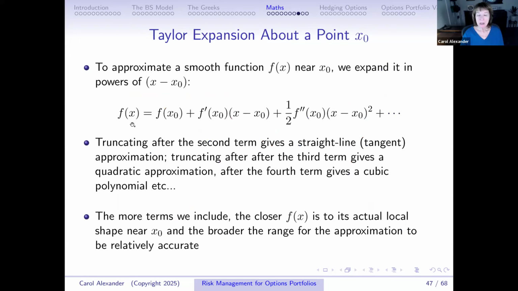First of all, I'm taking the f(x0), this constant, to the other side, to the left-hand side, so that what we see is a change, in this case the option price. And I'm letting this be x and this be x plus a little bit.